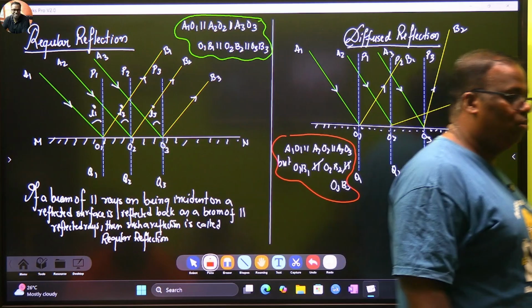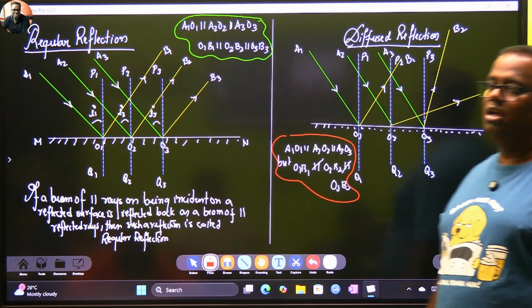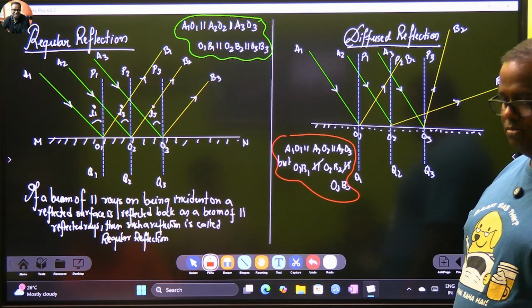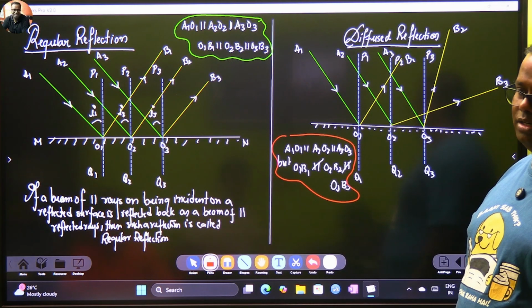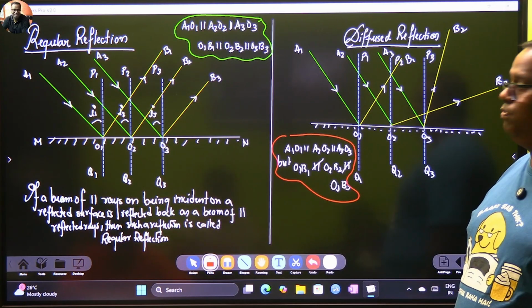So you can write your own sentence now. If a beam of parallel incident rays is reflected in a non-parallel manner by a reflective surface, then the reflection is known as diffuse reflection.